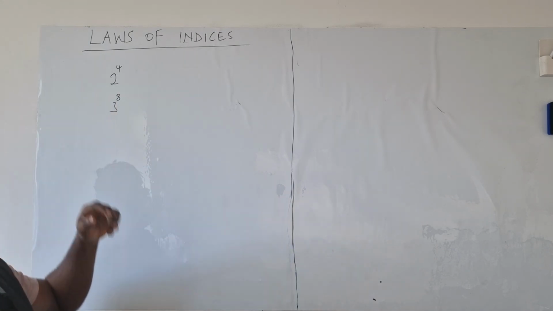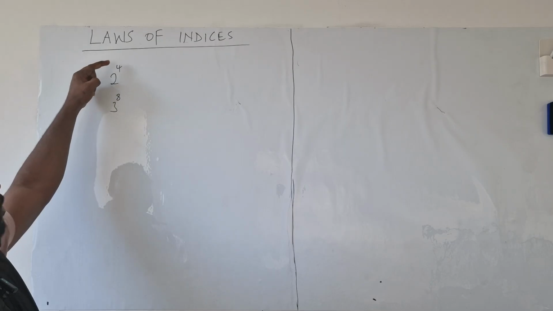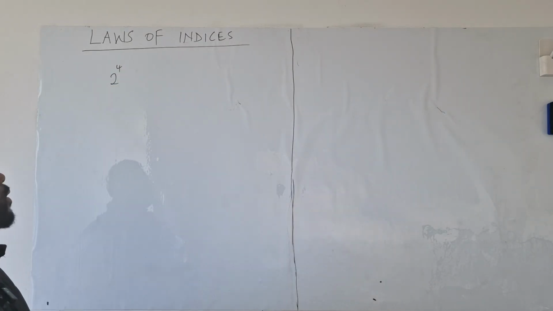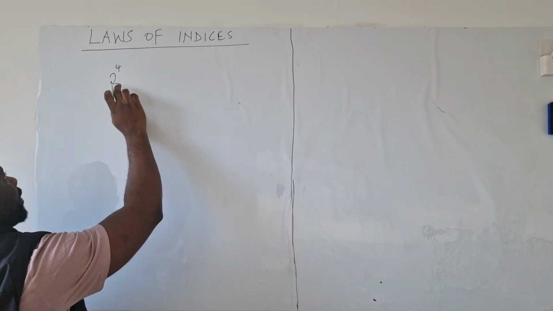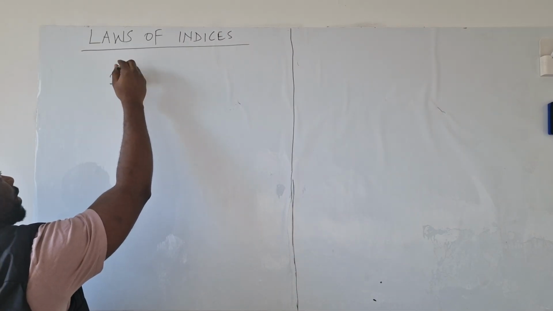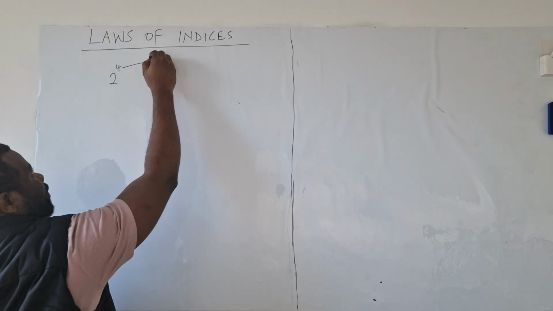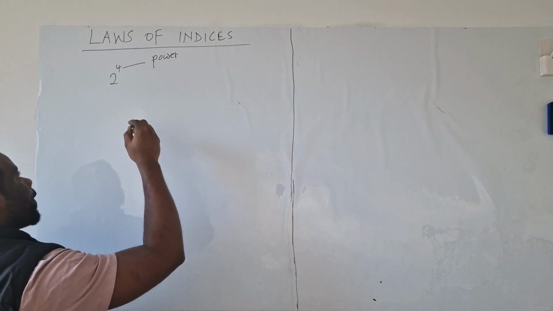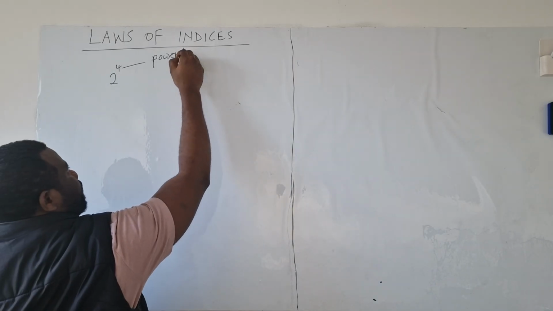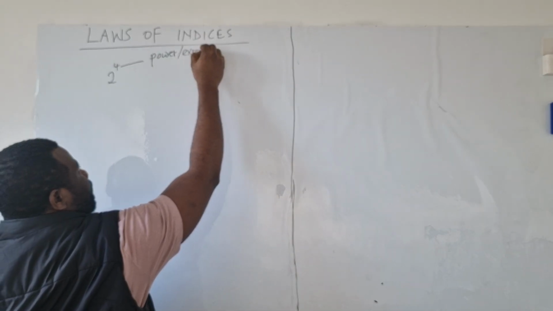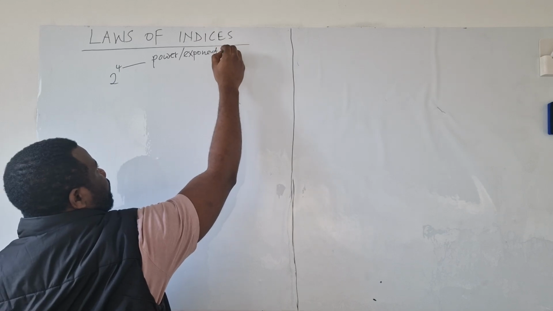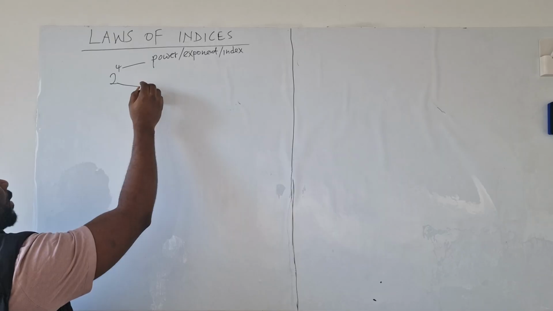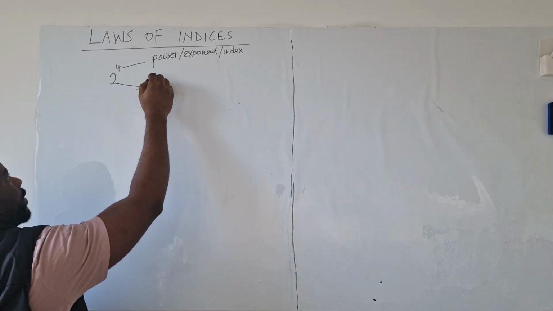Now, whenever a number is written in this form, we have the one up there and the one down there. Let's look at the first one. These two numbers, the one up there, usually we call it power or index or exponent. And the number down there, we call it base.